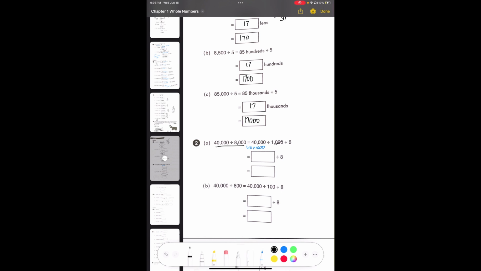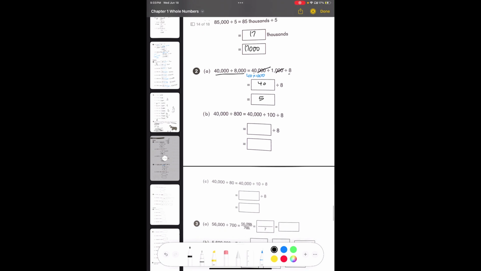And then you can just take 1,000 over 1,000, and 40 divided by 8, because we all know it's 5. Same thing here, split up 800. Although you don't really need to, you can just do this, and this will become 400 divided by 8, which is 50.